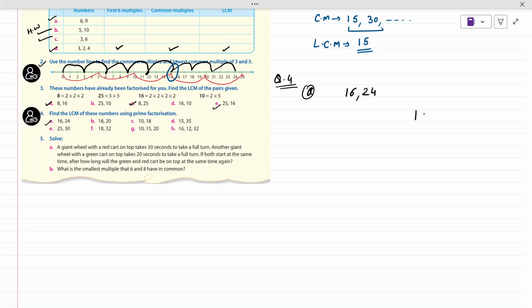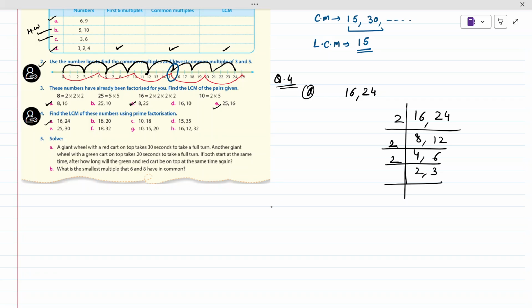So what will we do to find the LCM of 16 and 24? Both are coming in the table of 2. 2 into 8 and 12, again 2 into 4 and 6, 2 into 2 and 3. Now there is no such table where 2 and 3 come together.